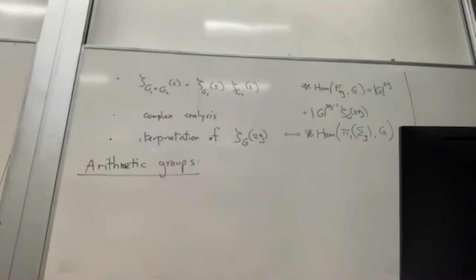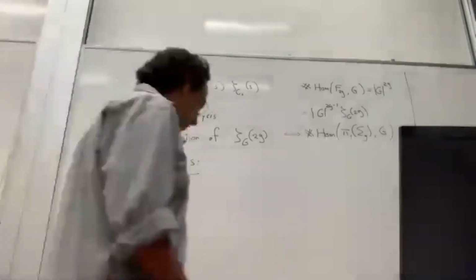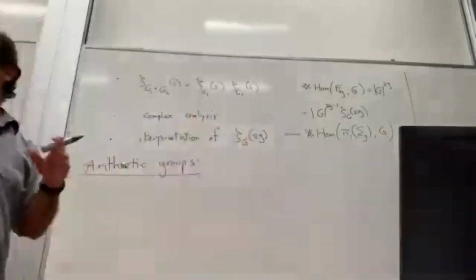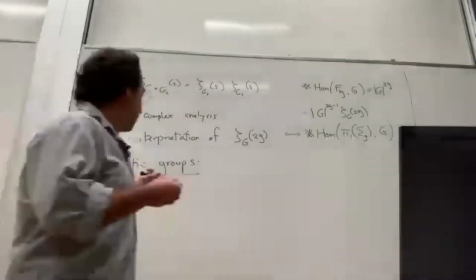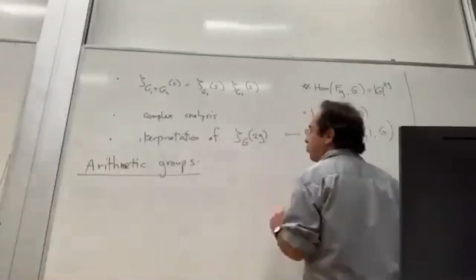Okay, so the arithmetic group that I will be looking at, as you know, the definition can be quite involved if you make it precise. But for this talk, an arithmetic group will be the following.